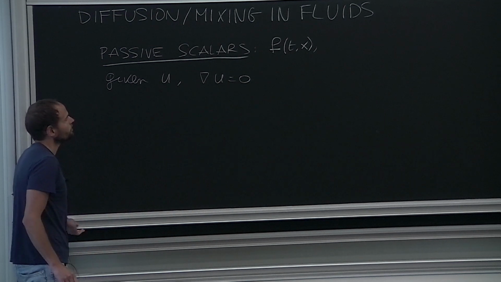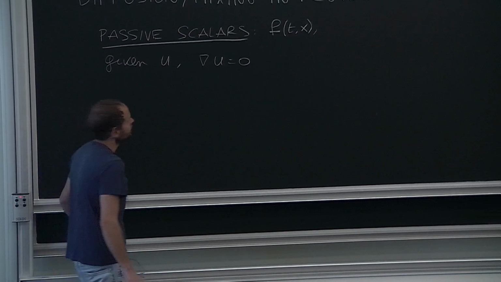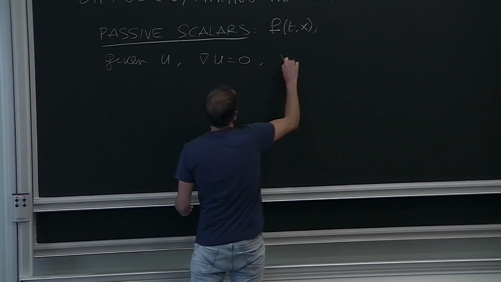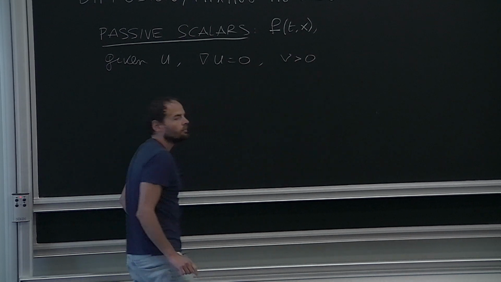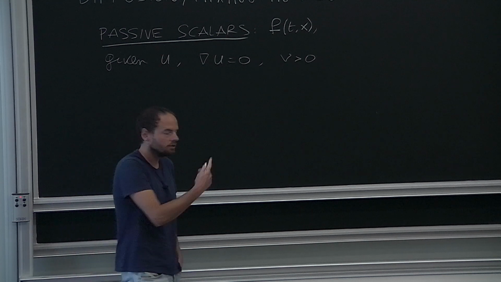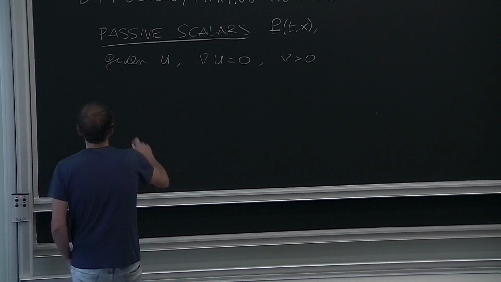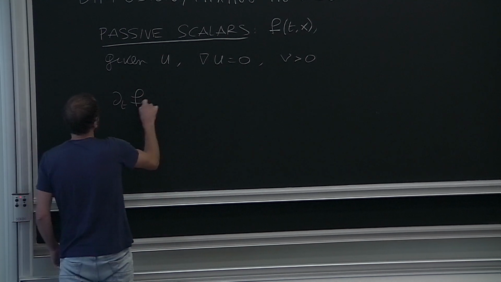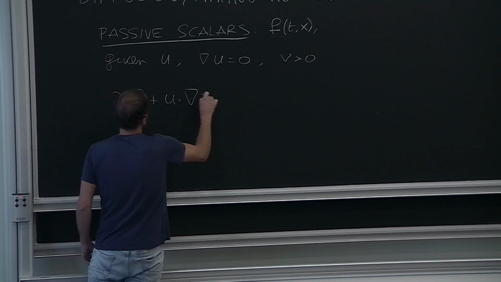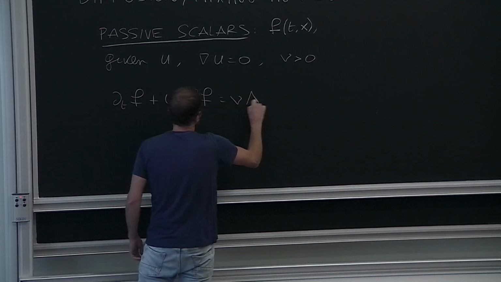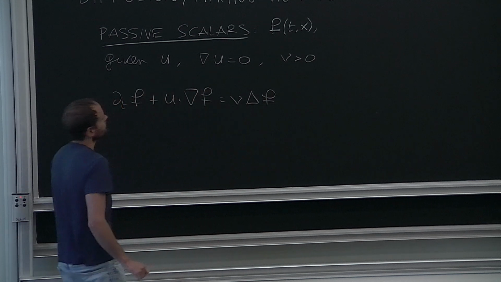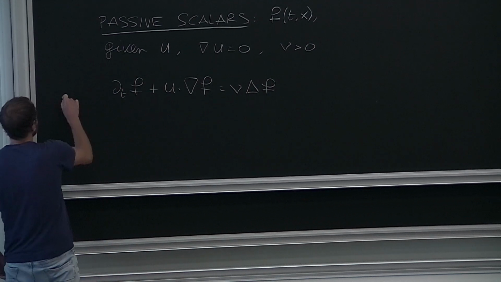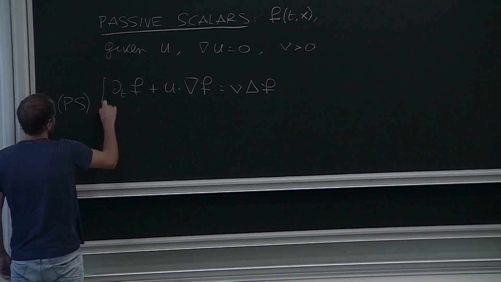Okay, so it's an incompressible velocity. And there may be some molecular diffusion with diffusivity coefficient nu. And so the equation that I look at is something like this. So this would be my passive scalar equation.